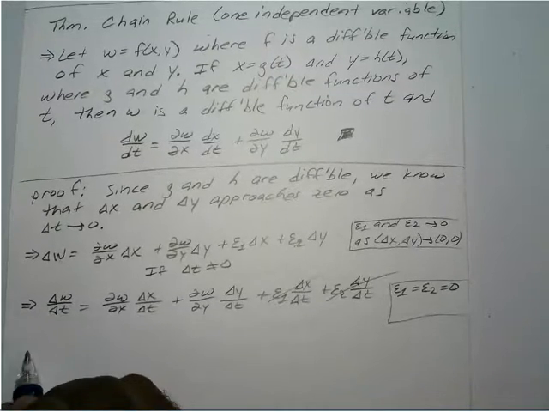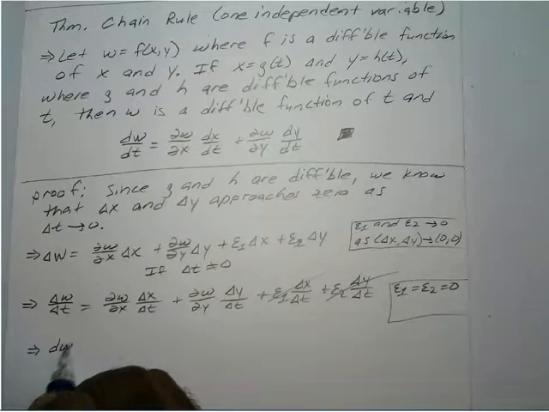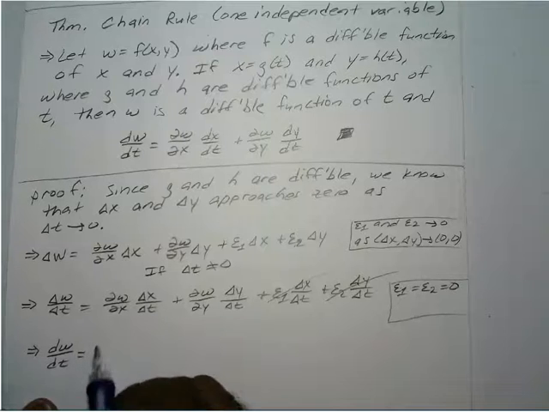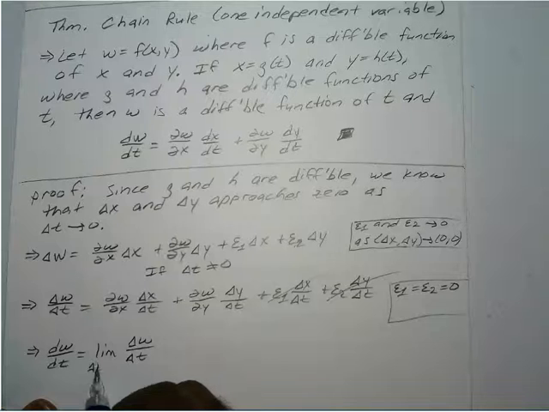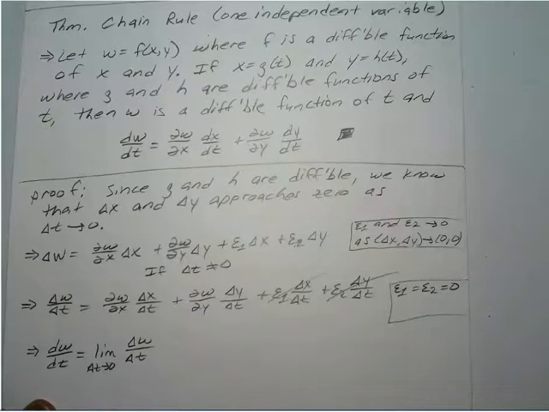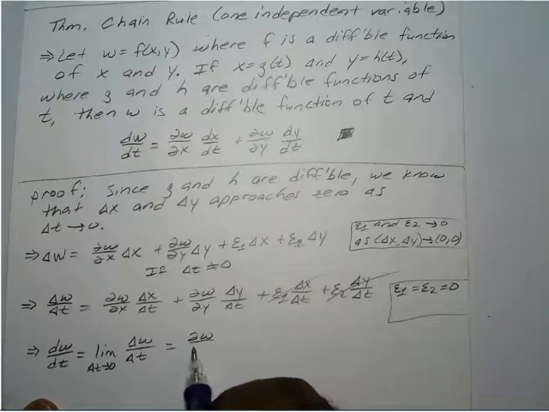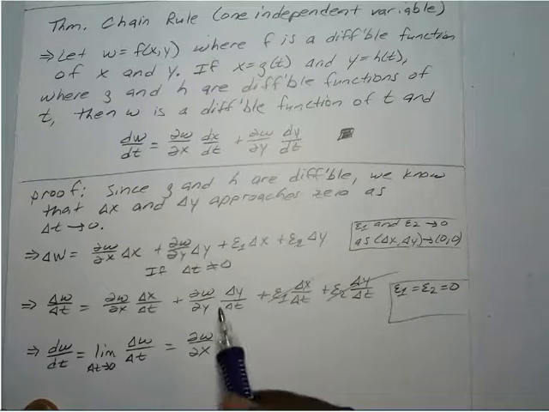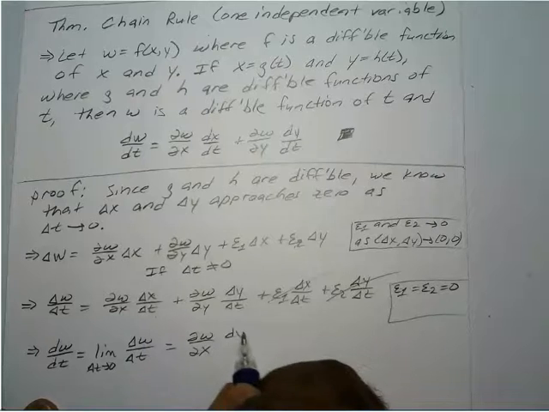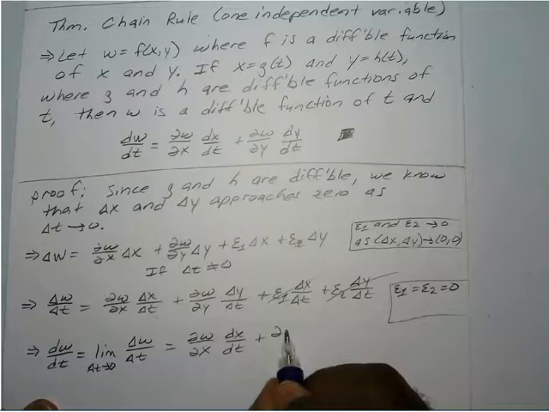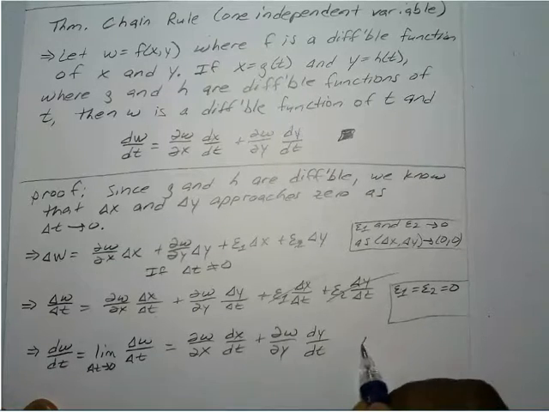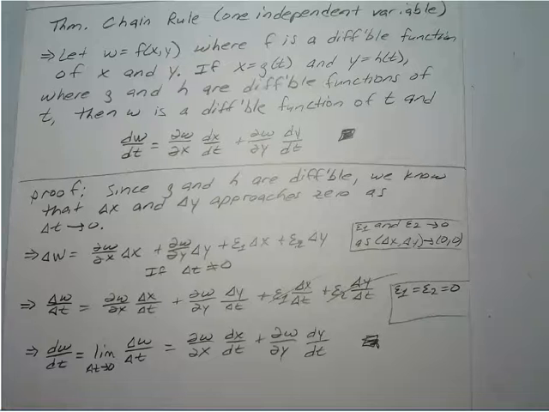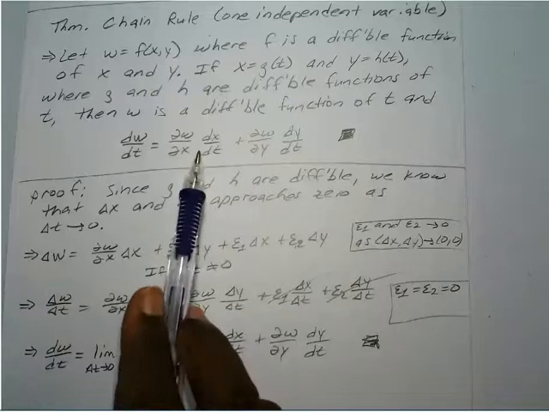Okay, so by definition, the derivative of w with respect to t is equal to the limit of delta w over delta t as delta t approaches 0, which is equal to partial w with respect to x times dx/dt, plus partial w with respect to y times dy/dt, which is the formula that we have there.